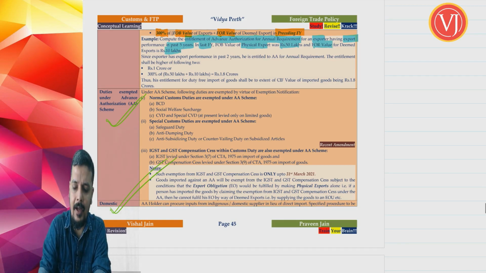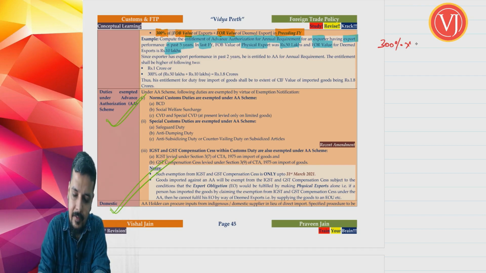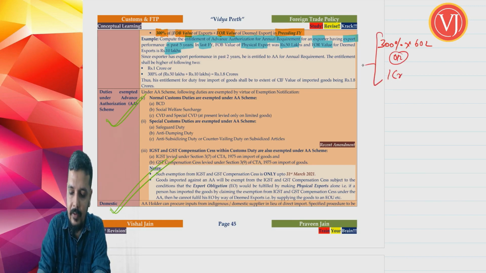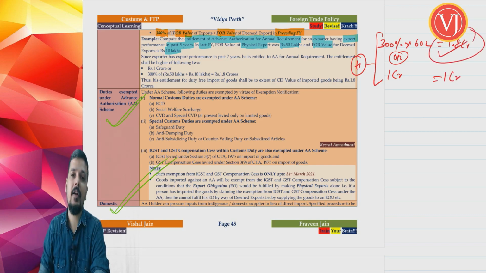So what is the actual export value? 300% of FOB value of actual exports and FOR value of deemed exports. 50 lakhs plus 10 lakhs, 60 lakhs, or 1 crore, whichever is higher. So 300% of 60 lakhs will be 1.8 crore, or 1 crore, whichever is higher. So you will get annual advance authorization.